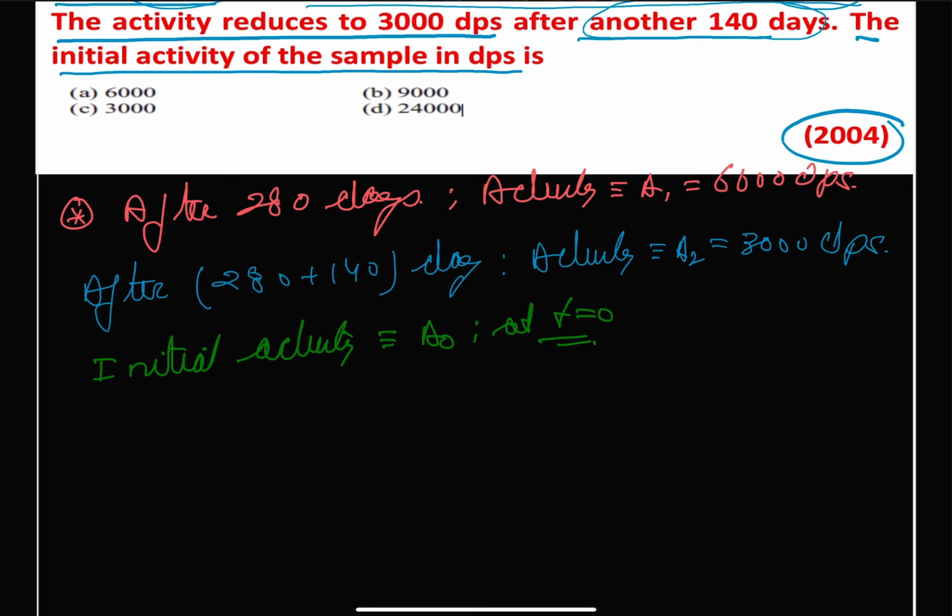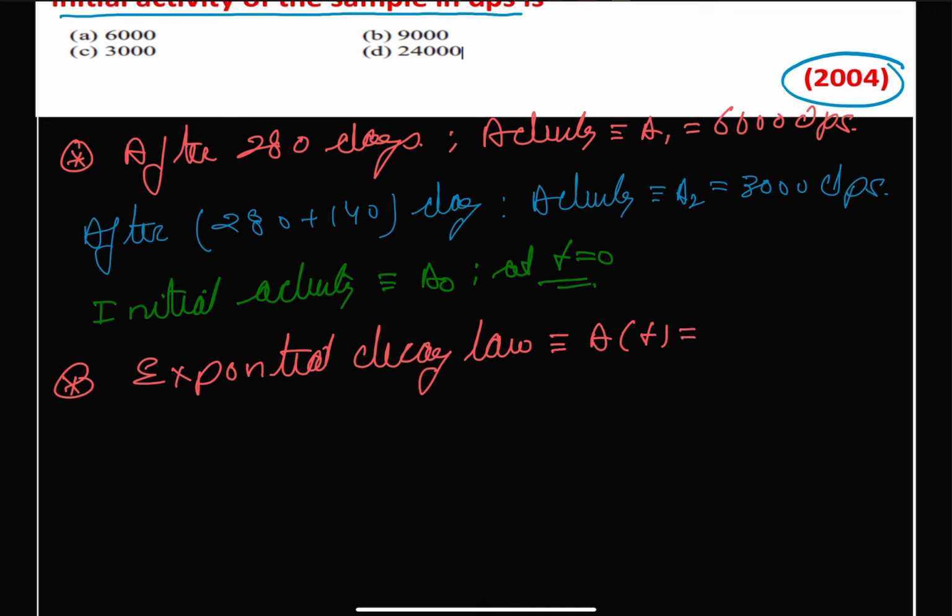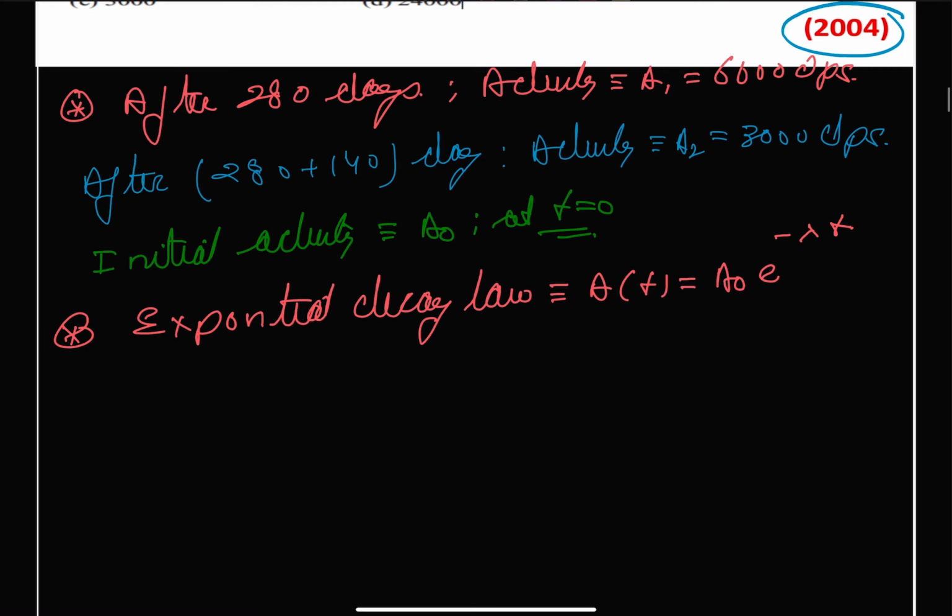So here we can easily use the exponential decay law, which gives us that activity at any time t will be equal to initial activity A0 e raised to power minus lambda multiplied by t. So we have two values of t, so accordingly we can modify this particular equation.